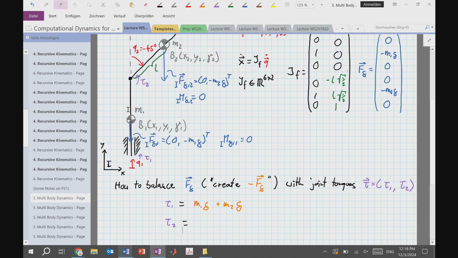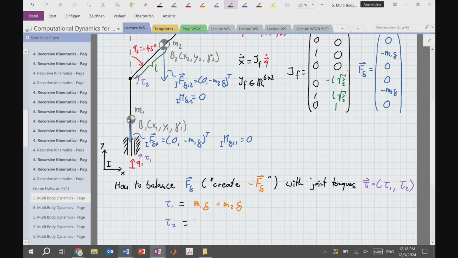Does tau 2 depend on m1? No, right? That's in a sense closer to the root, right? So tau 2 only has to balance m2, where I now have to reason again about this lever arm.